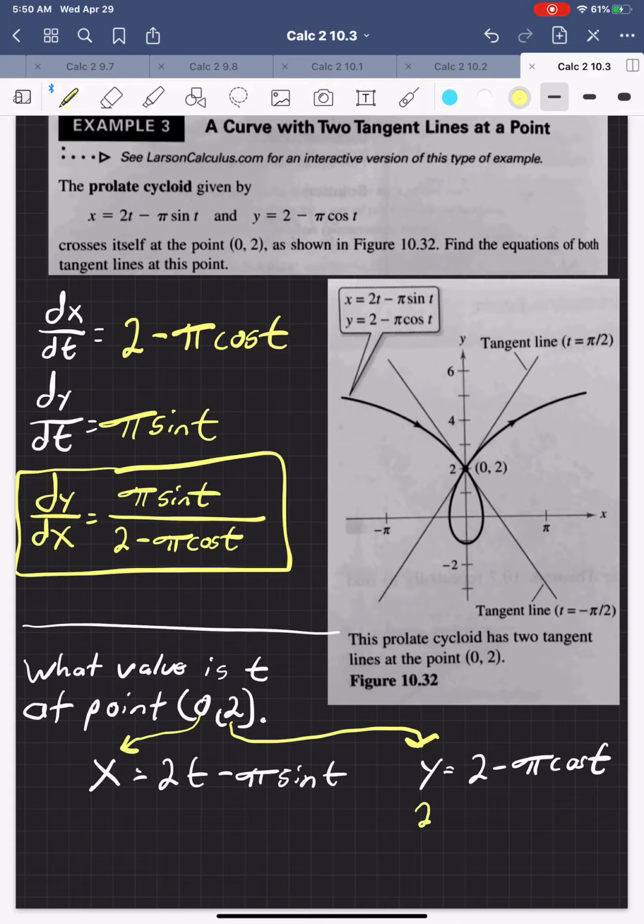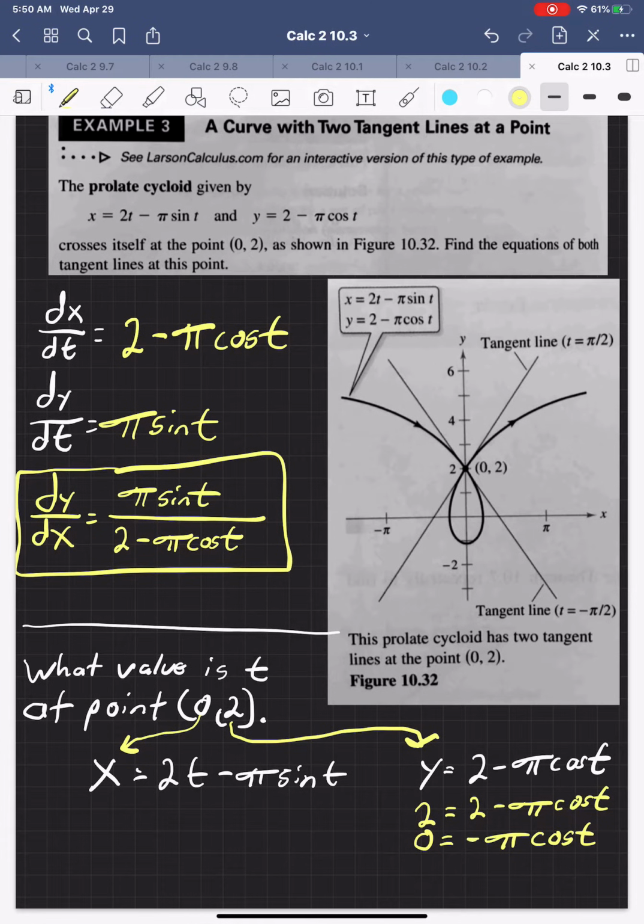So if you have y = 2, then 2 = 2 minus pi cosine of t, and we now need to solve for t. You and I agree that if you subtract 2 from both sides, we get 0 equals negative pi cosine of t.